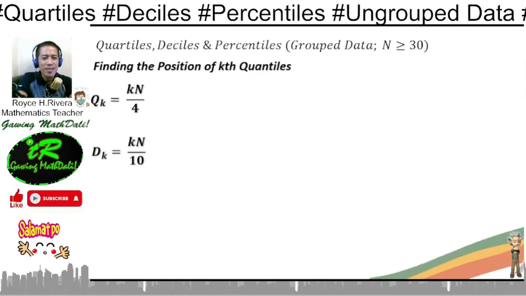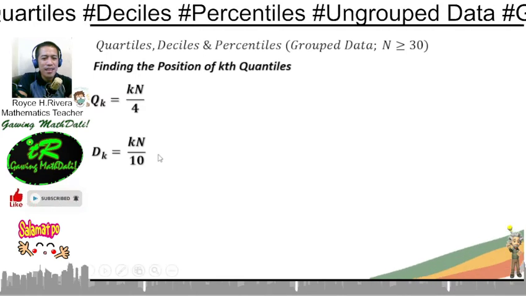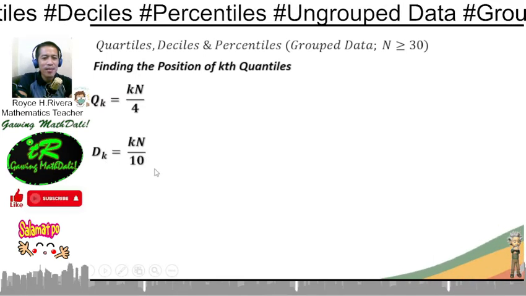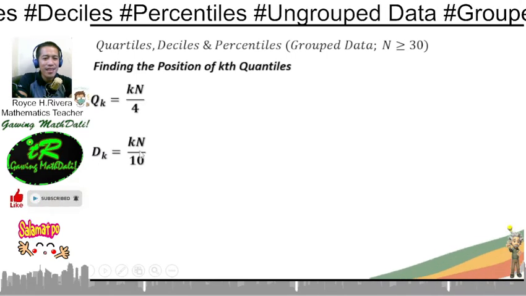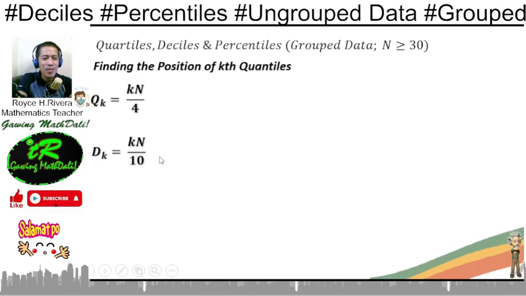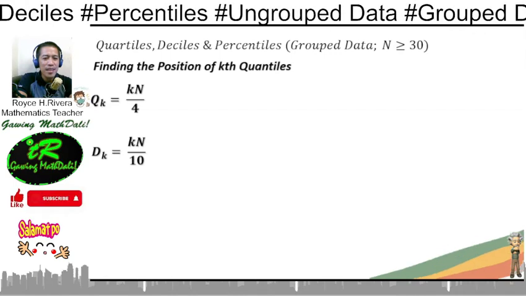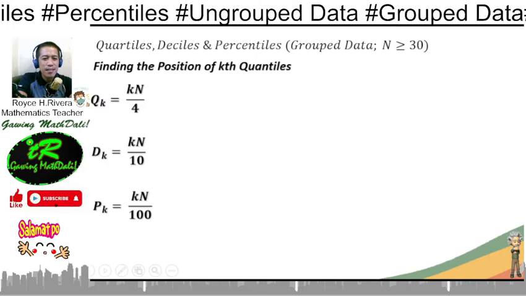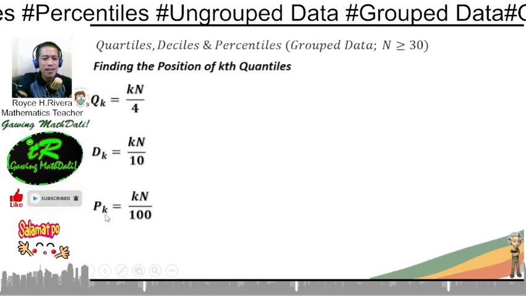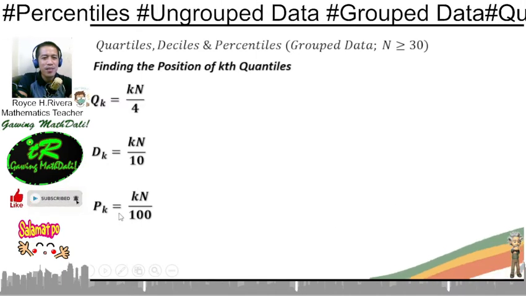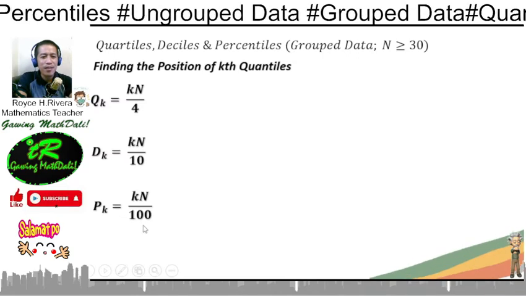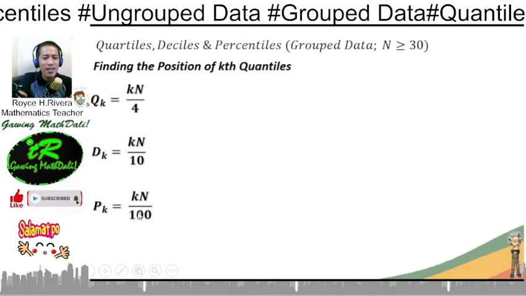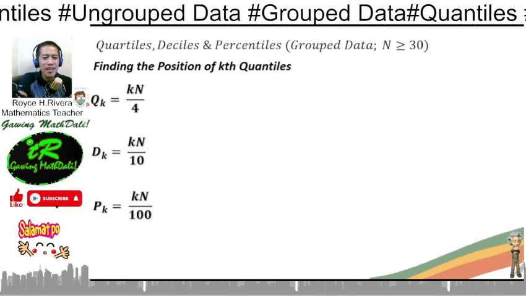For deciles, we have D sub k is equal to k times n all over 10, where k is equal to 1, 2, 3, up to 9. Percentiles, we have P sub k is equal to k times n over 100, where k is equal to 1, 2, 3, up to 99.